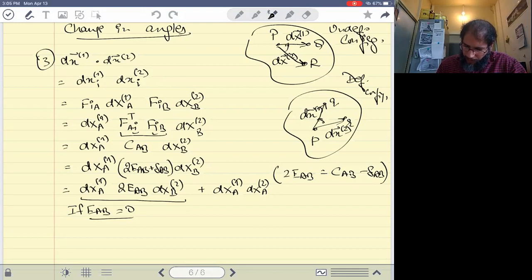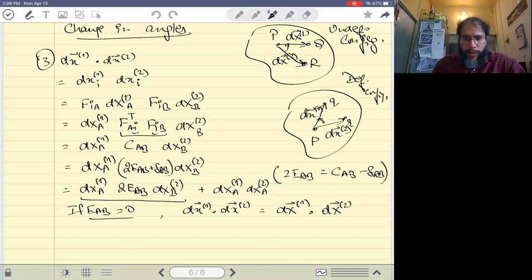So what we get is dx1 dot dx2 is equal to dX_A^1 dX_A^2. So the dot product between dx1 and dx2 is the dot product between dX1 and dX2.